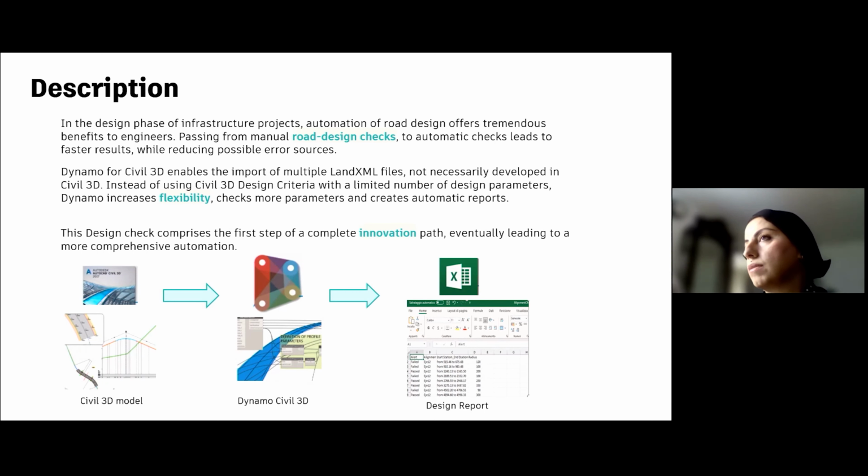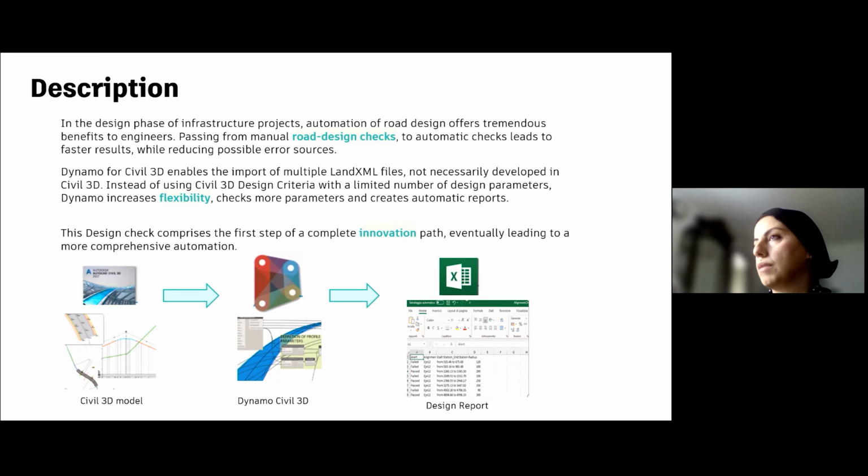So Dynamo for Civil 3D can enable the importing of multiple LandXML files, not necessarily developed in Civil 3D. The designer or supplier that we deal with is not necessarily using Civil 3D. Since they provide the drawings in LandXML files, we're trying to find a way to use automation to meet our requirements.